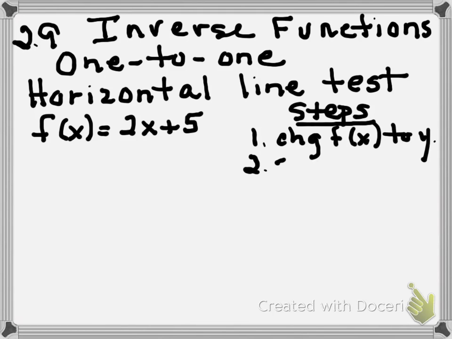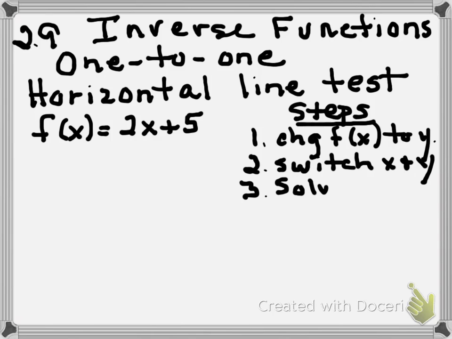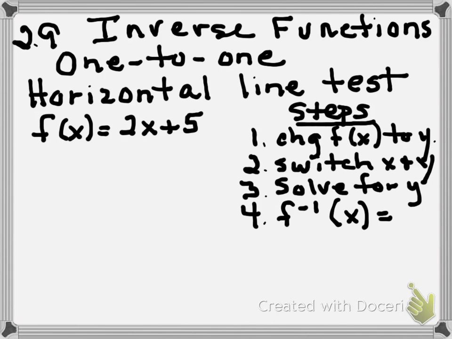Step 2, switch x and y. Step 3, solve for y. And step 4, write your answer in inverse notation, which is f with a superscript -1, meaning the inverse of f of x equals, and then what you get for the equation. So these are the 4 steps.